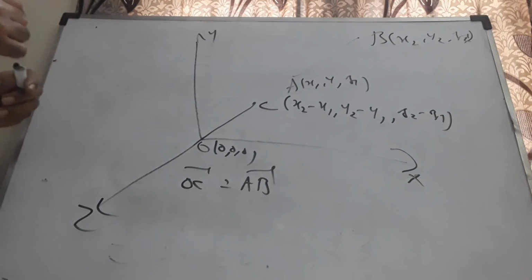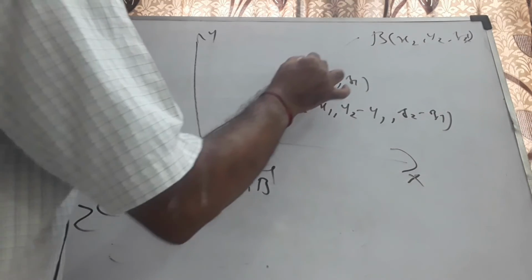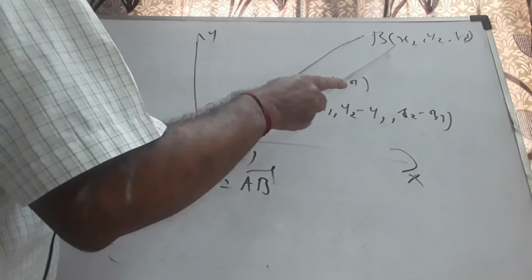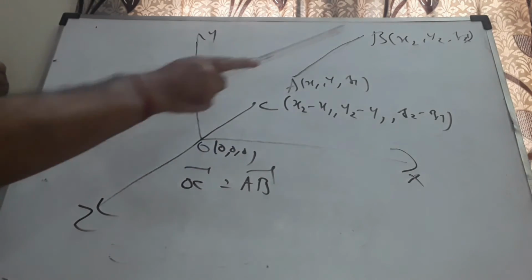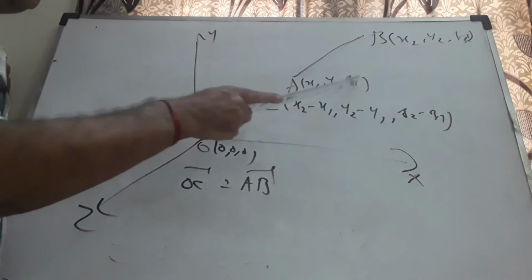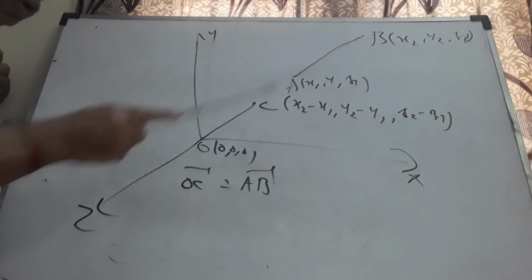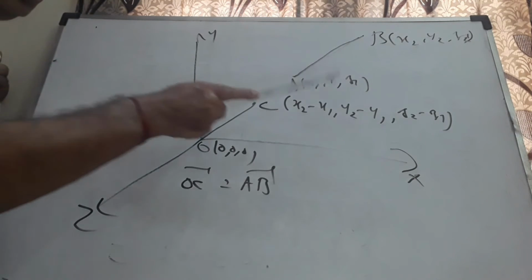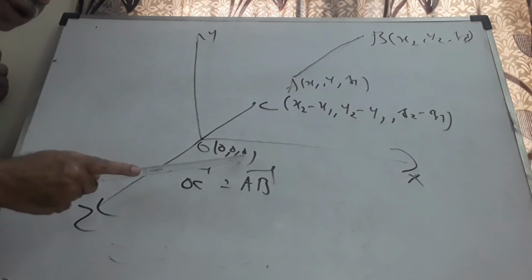Let me repeat. I am trying to find the drs of AB vector where A is x1, y1, z1 and B is x2, y2, z2. I am drawing OC vector equal to AB vector. O is 0, 0, 0. Now A, x1, y1, z1 is shifted to O, 0, 0, 0. I am subtracting x1 from the first x coordinate, y1 from the y coordinate, z1 from the z coordinate.